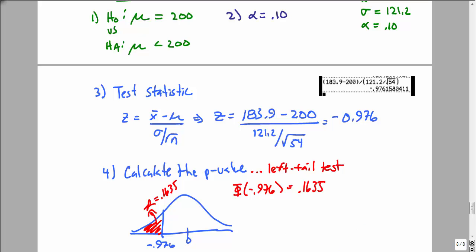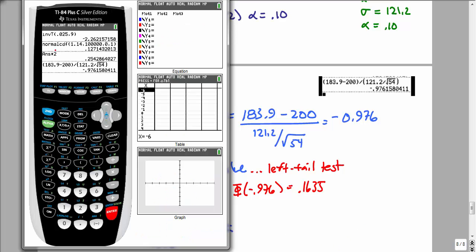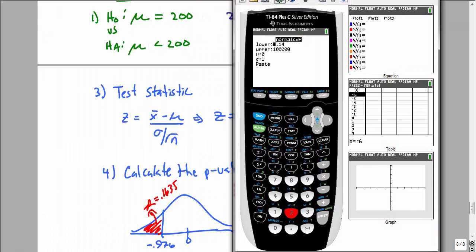Another thing that I could do is use my calculator and use that second distr function and under normal CDF. Now in this case, the lower bound is going out toward negative infinity, so a very large negative number, like negative 100,000 or something. And the right bound of this shaded area is negative 0.976.